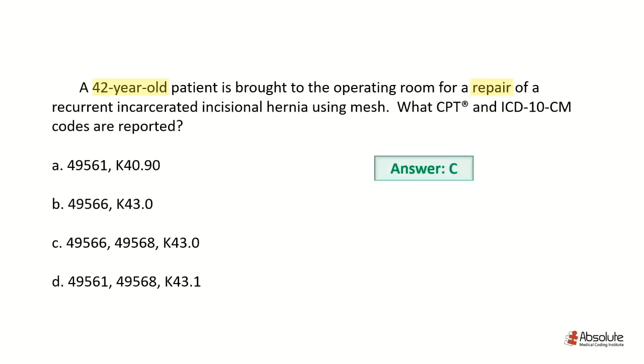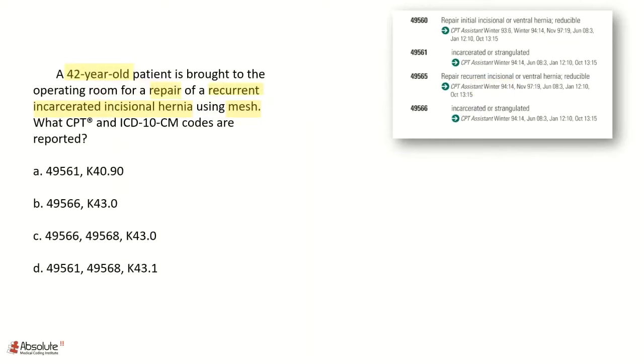All right, so we have this 42-year-old who has come in for a repair of a recurrent incarcerated incisional hernia using a mesh. Recurrent, that is a game changer there. When we look at 49560, this is for an initial repair.